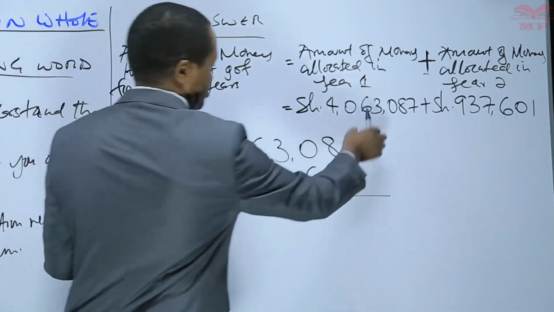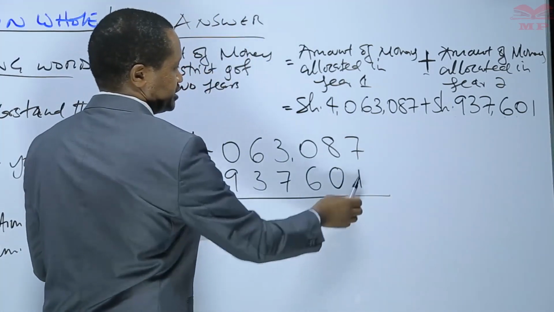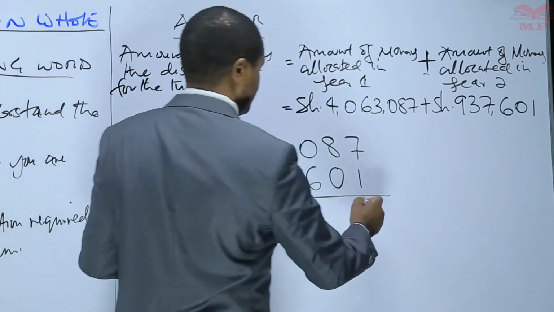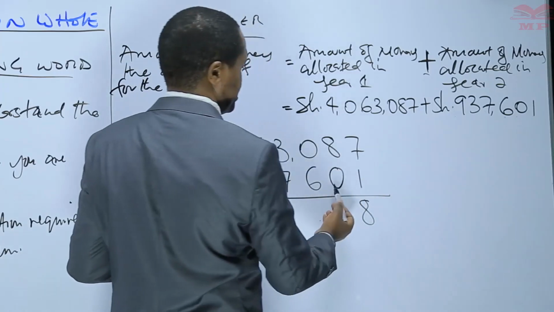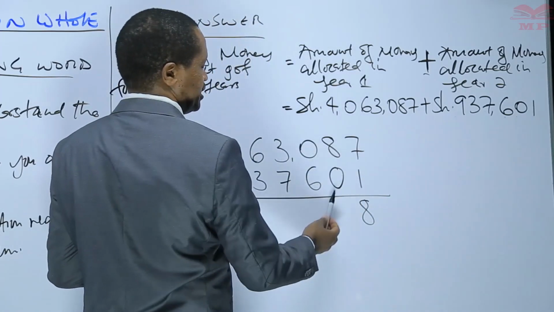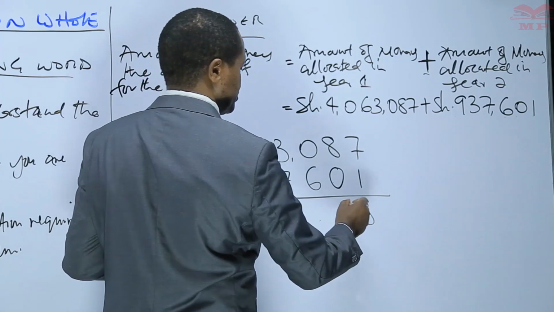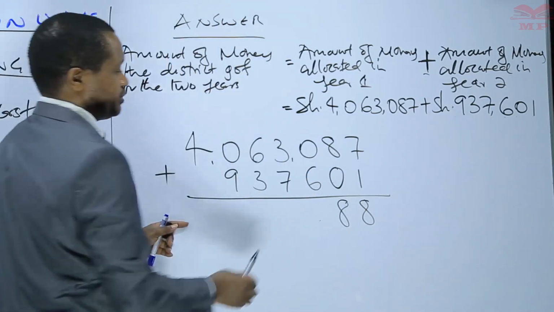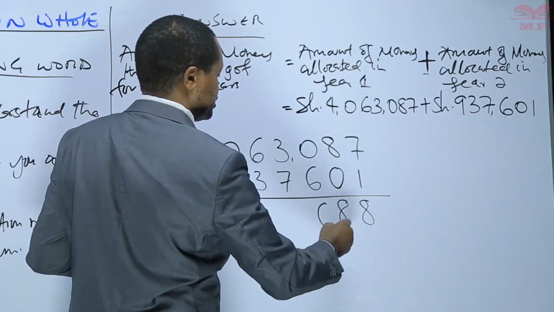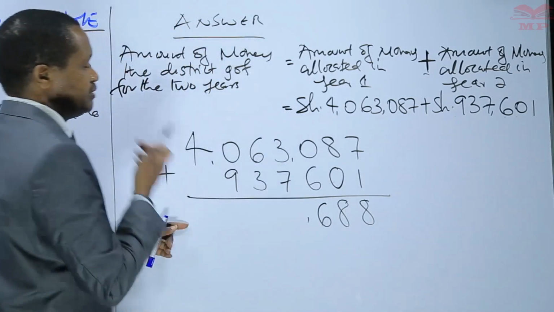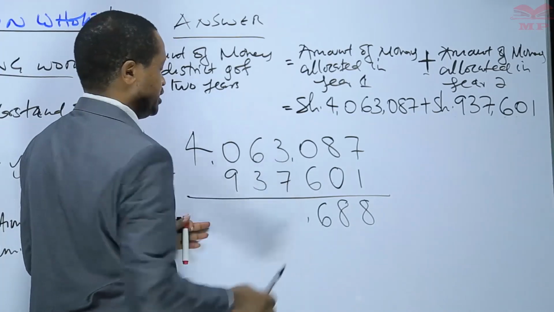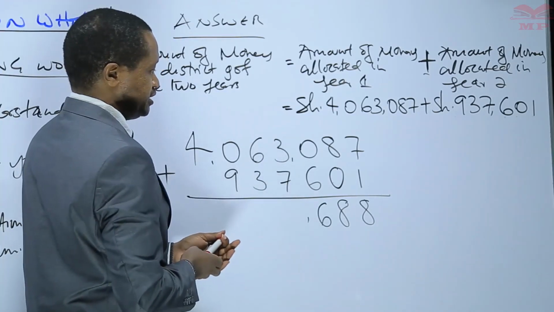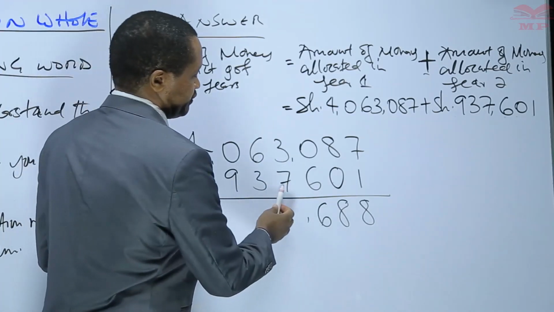We first add the ones. 7 ones plus 1, that gives me 8. 8 tens plus 0 tens is equal to 8. Then you have 0 hundreds plus 600 is equal to 600. Then we will add 3 thousands to 7 thousands.